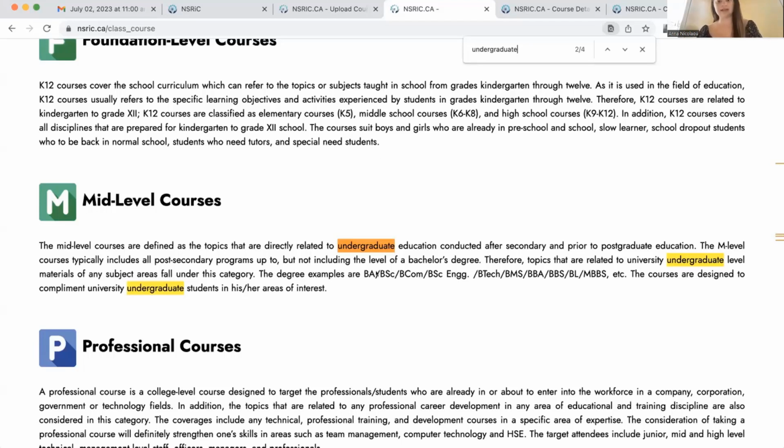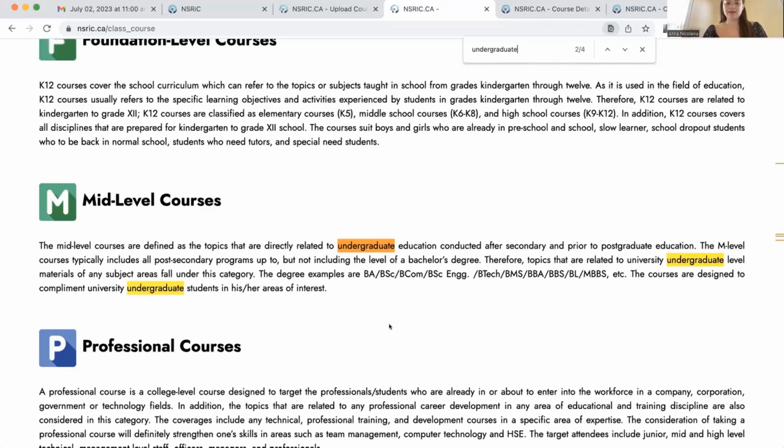So the degree examples, BA, B of Science, B of Commerce, Bachelor of Science Engineering, etc., all these ones. These courses are designed to complement university undergraduate students in their areas of study. Okay, awesome. So these ones could be to help students who are in undergraduate, or these courses could be things that are not actually undergraduate courses, but courses for people who have completed their high school diploma. So now we have a good understanding of what mid-level courses are.